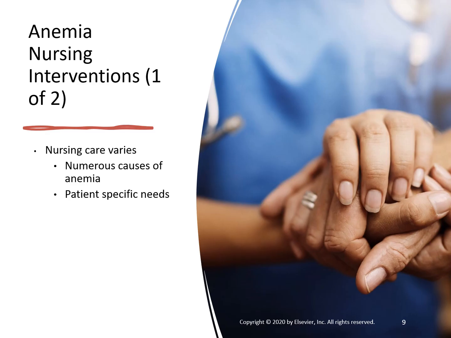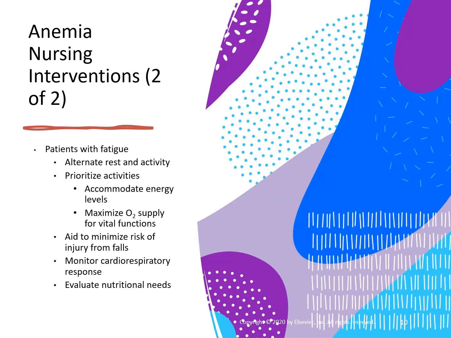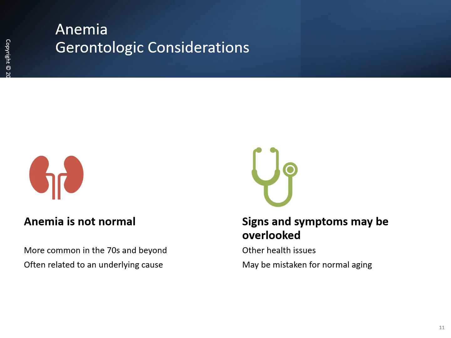Nursing care varies based on the cause and the specific needs. So we see patients with fatigue, of course, you're going to rest, alternate forms of rest and activity. They do need to plan some activity because that generates energy. We're going to accommodate their energy levels and do things a little differently. Help to minimize their risk of injury from falls, and monitor their response, evaluate nutrition.